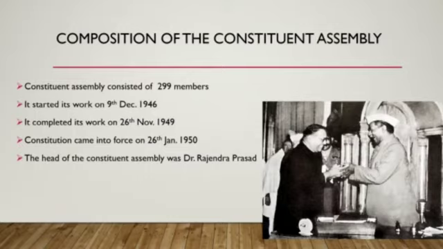Congress was the largest party in the Constituent Assembly, which had members of all the regions and religions, and also 28 members belonged to the scheduled castes, and many other members.